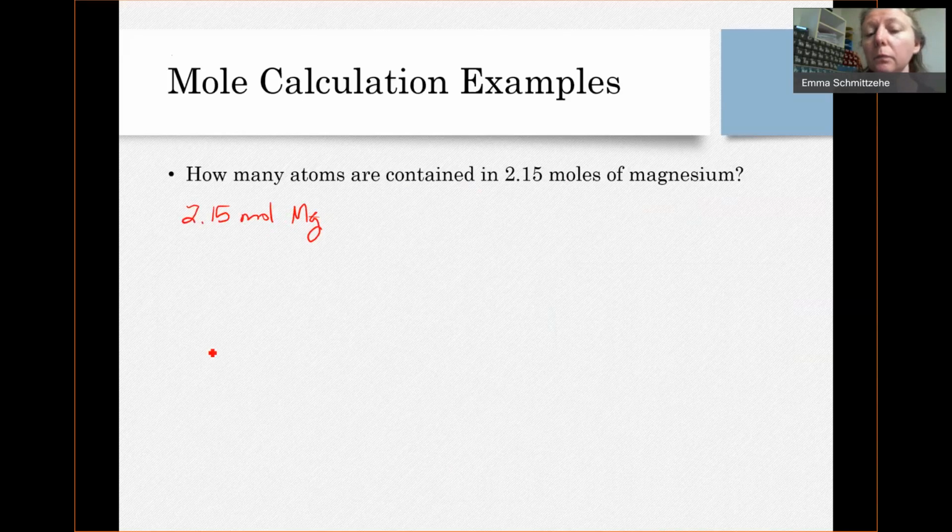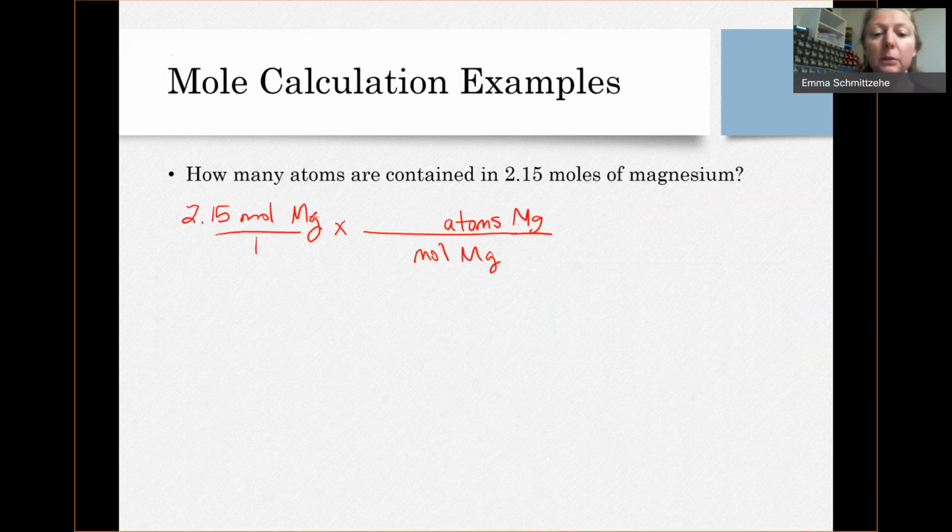And I want to get rid of moles. So remember, this is really over 1. I want to get rid of moles, so I'm going to put moles of magnesium on the bottom. And I want atoms. So I want atoms of magnesium.